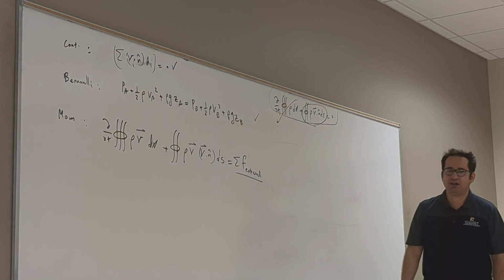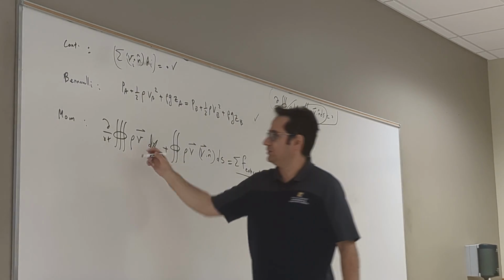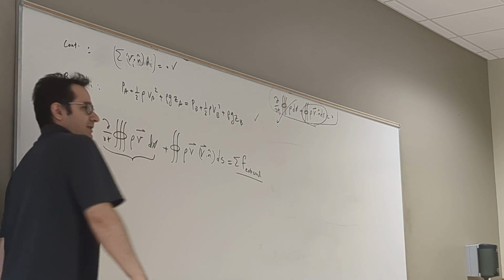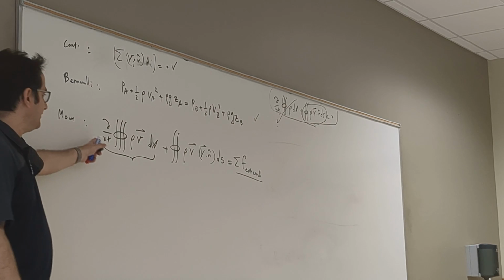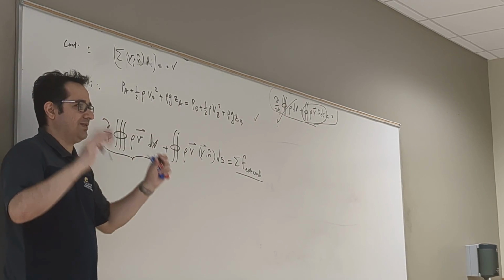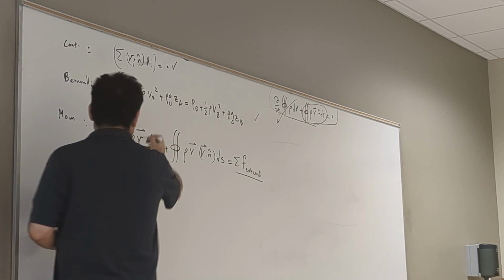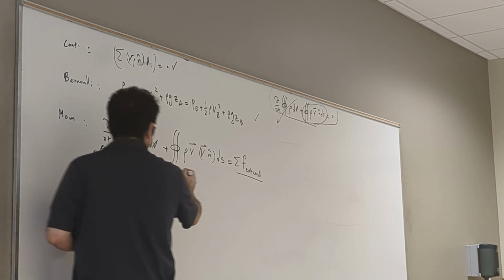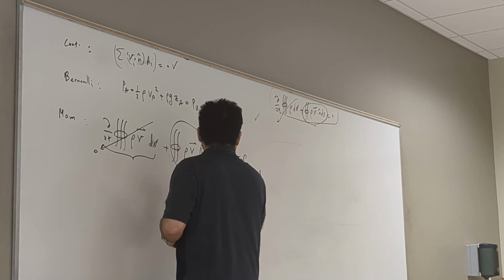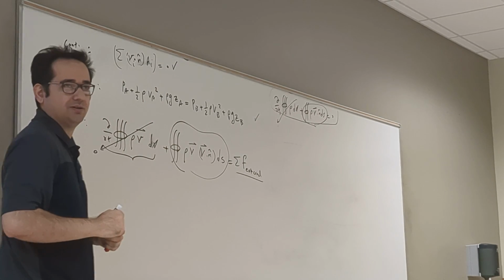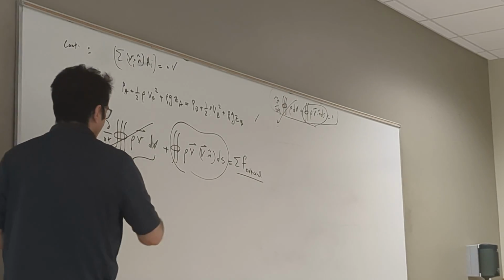Momentum. Let's expand it. Should I worry about the first term? The time derivative of whatever you have is 0 as long as it's steady state, so this is 0. Now let's expand this. What do I get if I expand?